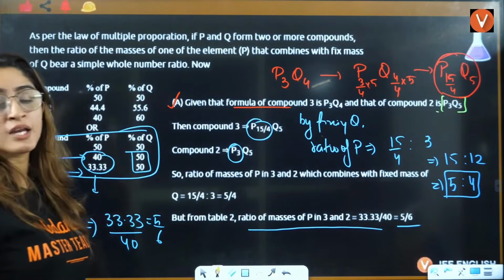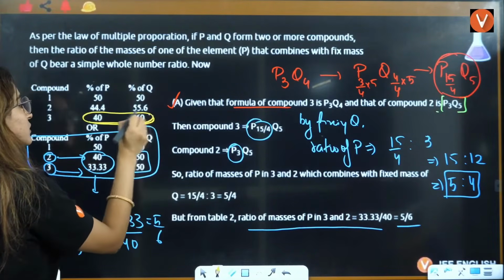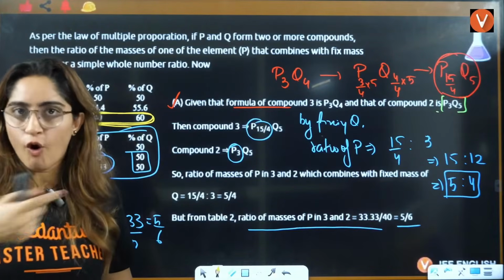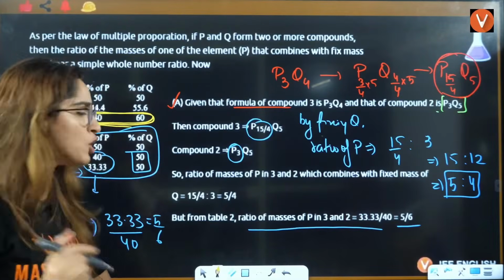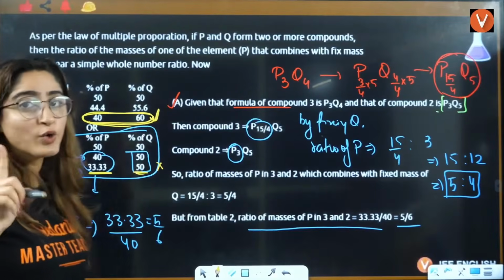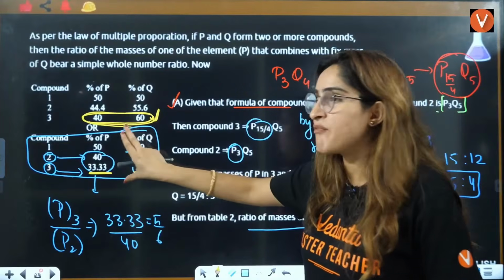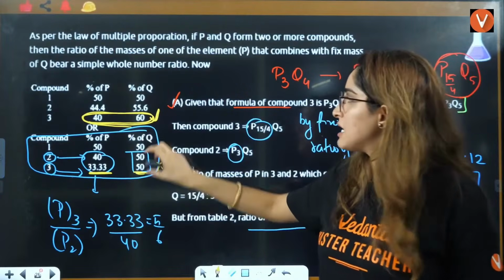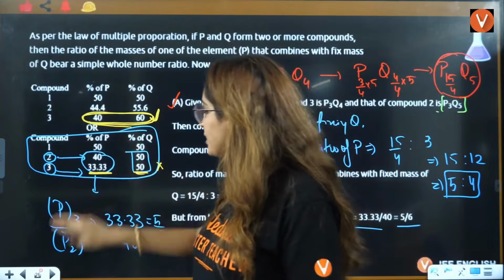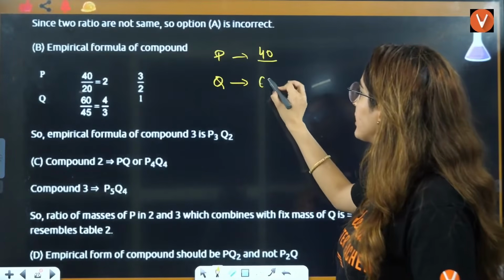Now, whenever you are calculating for the method of empirical formula by making table, you will not use these values. You will use these values, because I told you initially that the total percentage has to be 100. This table I have made to apply law of multiple proportion. This table is actually the original data. So here I will say that P is 40. So this will be given mass 40. Here it is 60.